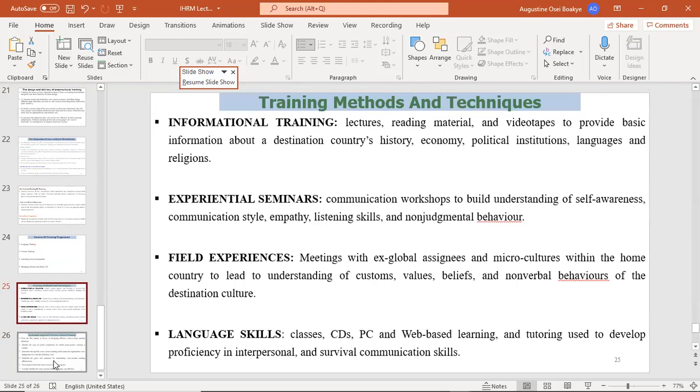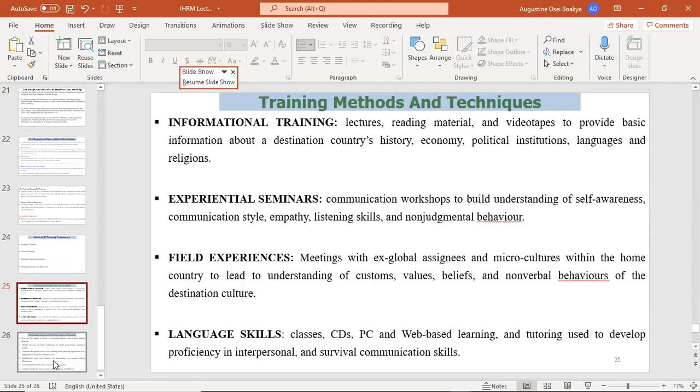Now, let's look at the training techniques or methods that are used when it comes to cross-cultural, cross-border or international training and development for international IHRM. The first one is informational training.